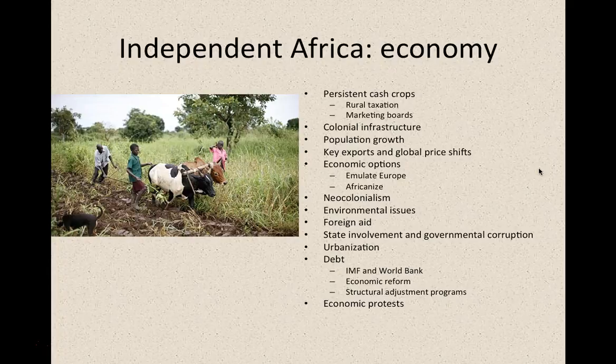When they granted independence to these nations, the British, the French, especially those two, not so much the Belgians, the Portuguese were rather late and were ejected violently, but the British and the French had made sure, in most cases, that they maintained a relationship with those who were in power in Africa, and that they would continue to have special privileges, as it were, in the economy of these nations.